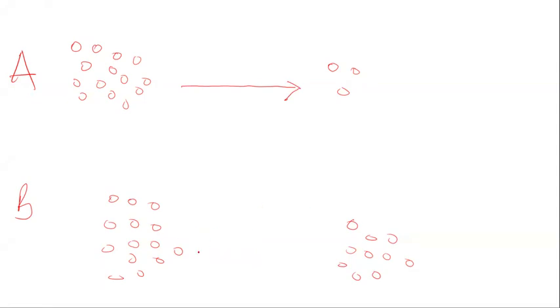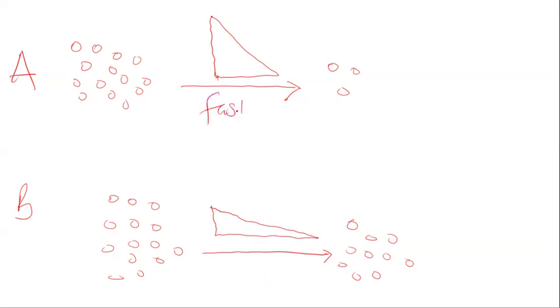If I come to this other end, you also expect the direction of diffusion to go that way. But here, the difference in concentration is greater compared to the difference here. So the gradient is higher here and the gradient is lower here. So you expect a faster rate of diffusion here and a slower rate of diffusion there. That is, if the difference in concentration of molecules between any two regions is very large, then we expect the rate of diffusion to be faster there compared to a case where the concentration gradient is less.